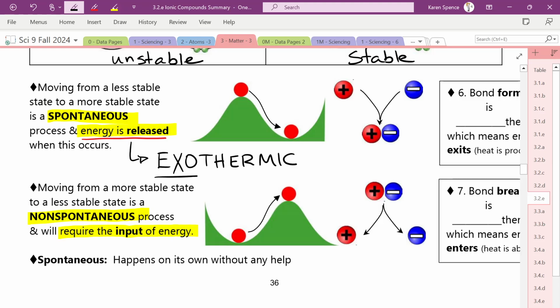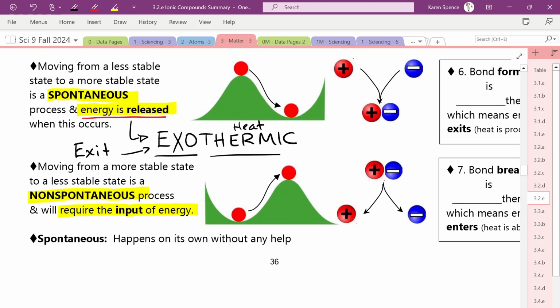Exo means kind of like exit. Thermic. What does thermal mean? Has to do with temperature and heat. Okay? So what's exiting? Heat. Heat is exiting. Exothermic.